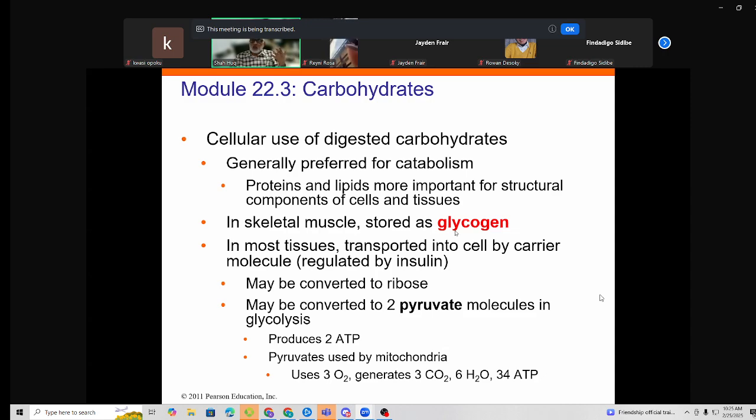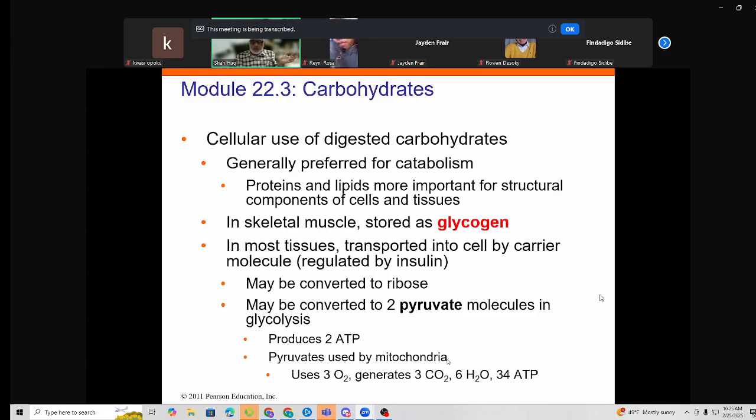And then this glucose will be converted to pyruvic acid, the last compound of glycolysis, which is a three carbon compound. Glucose is 6 carbon, and if you break it in half, then we have 2 pyruvic acid, 3 and 3.